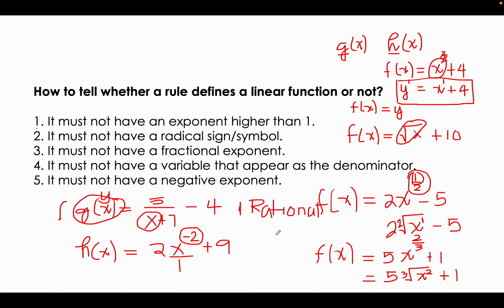In this case, this becomes 1 over x squared. Okay? Magiging ganito ang itsura niya ng eto na to, the variable x containing negative exponent. So, meron tayong 2 dito. So, that means 2.